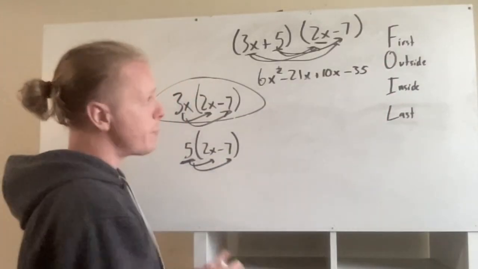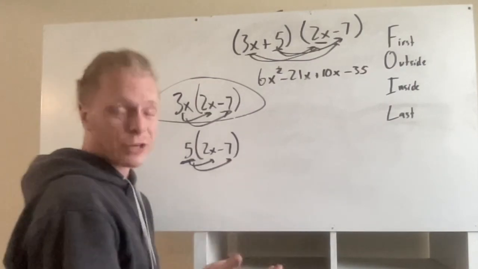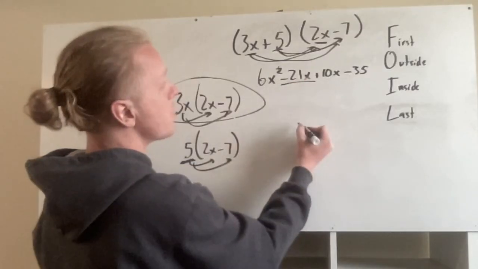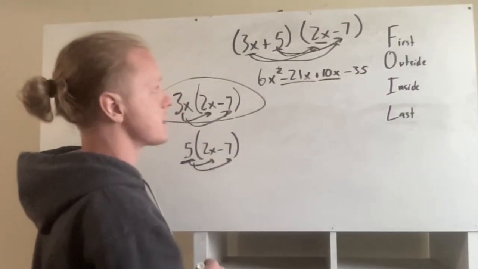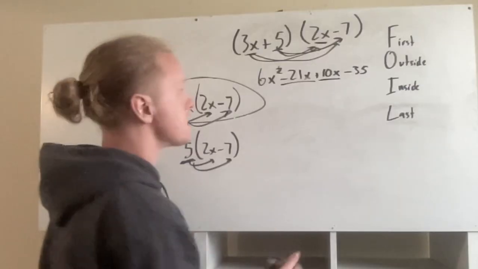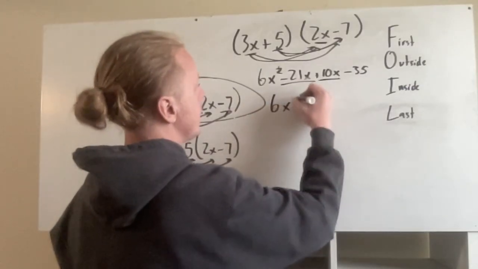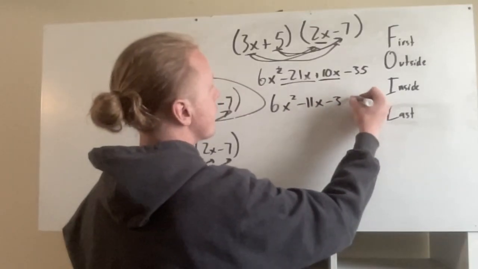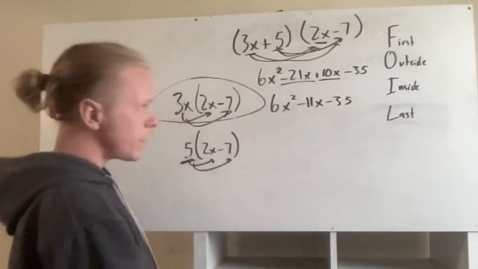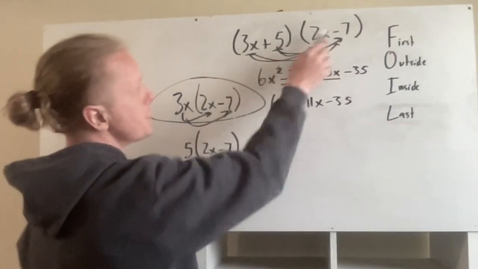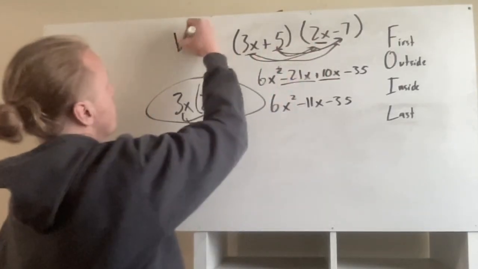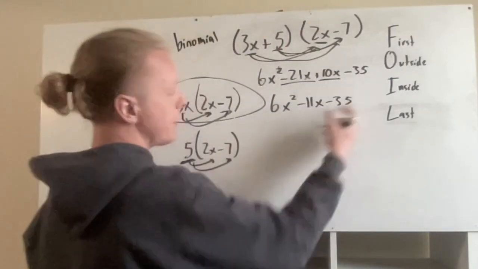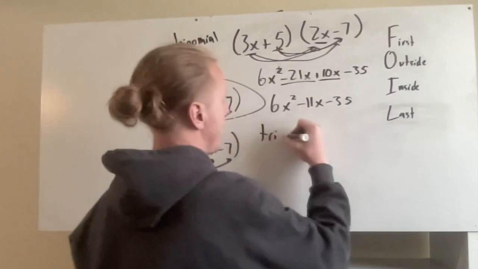Now, what's our last step? We just need to look to see, do I have any like terms? Yes, I do have two like terms here, negative 21x and positive 10x. So negative 21x plus 10x, that would get me negative 11x. Okay? So just like these were called binomials, our answer here is technically called a trinomial, right?